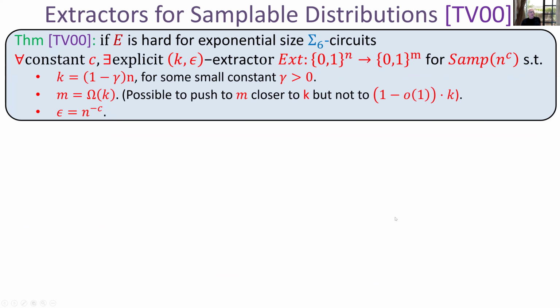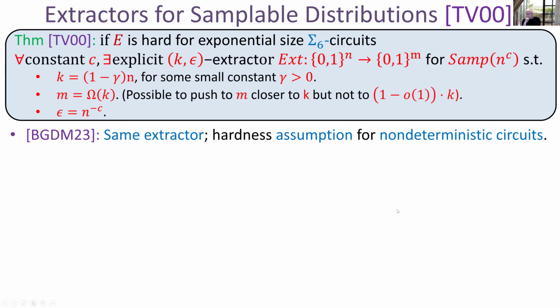And for many years, there was no progress on this problem until two years ago, in a remarkable paper, Ball, Goldin, Dachman-Soled, and Mutreja gave the following result. They showed an extractor with the same parameters, the same conclusion, but under a weaker hardness assumption.